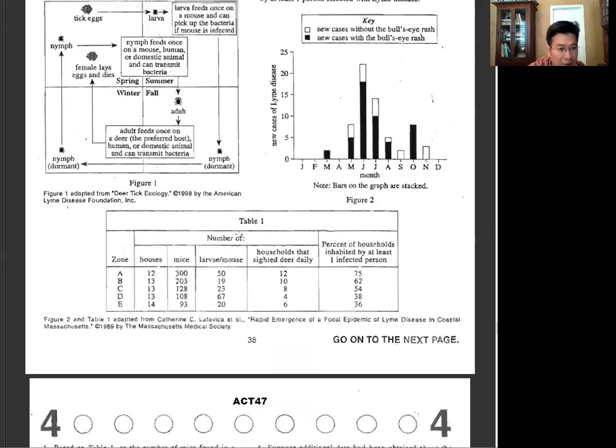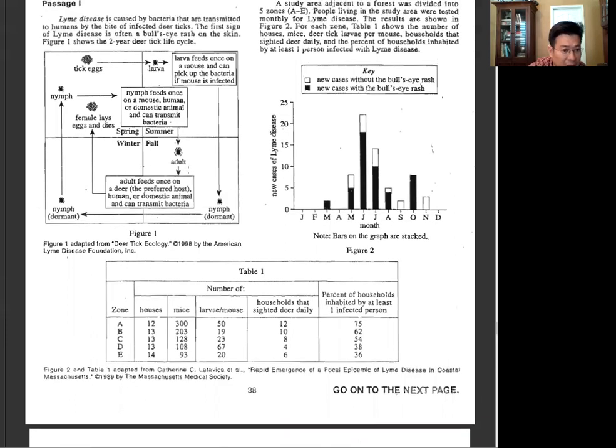Something that we have to think about is tick egg, larva, and then adults. It says the nymph feeds once on mouse, human, and domestic animals.